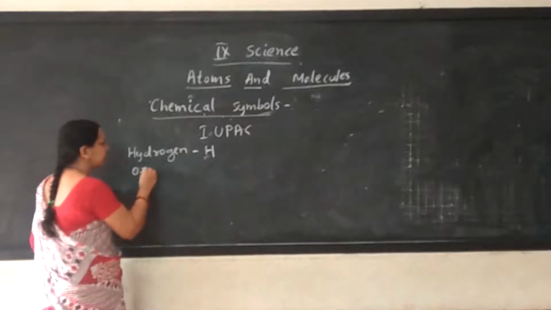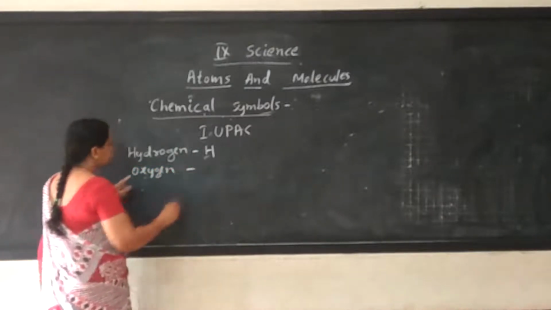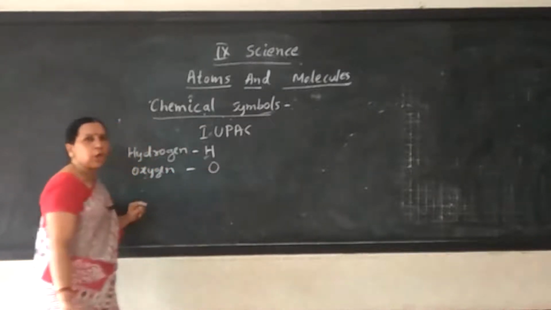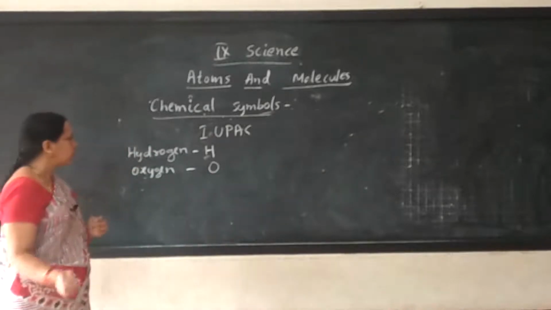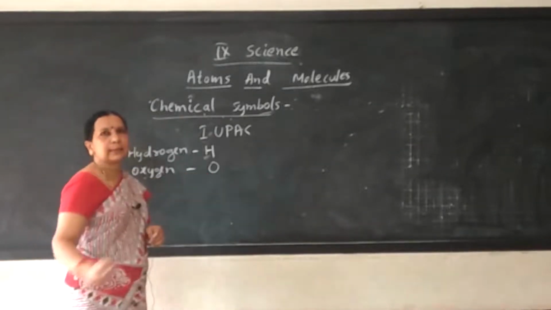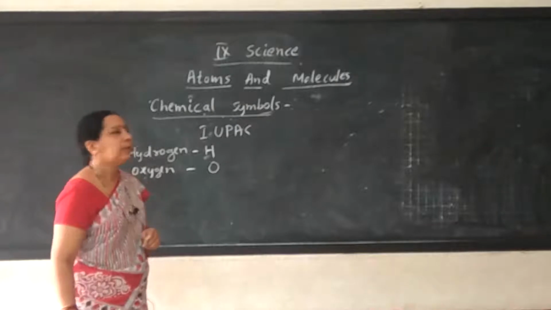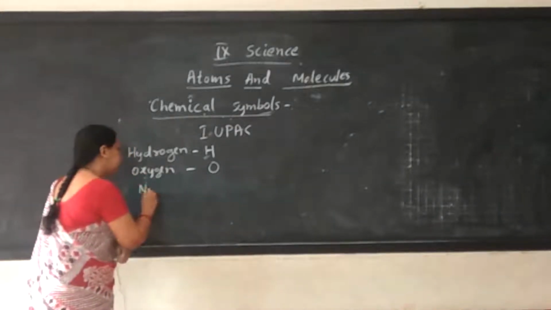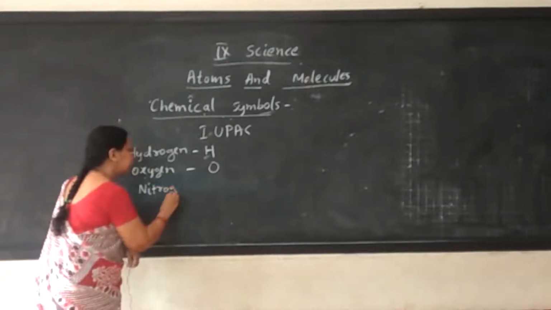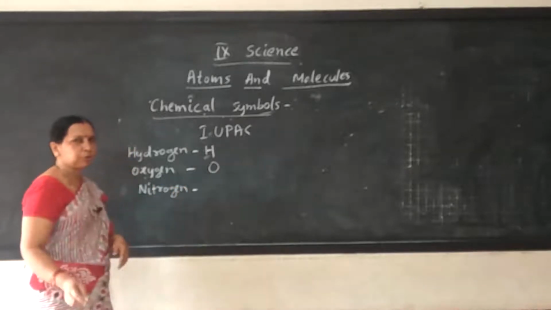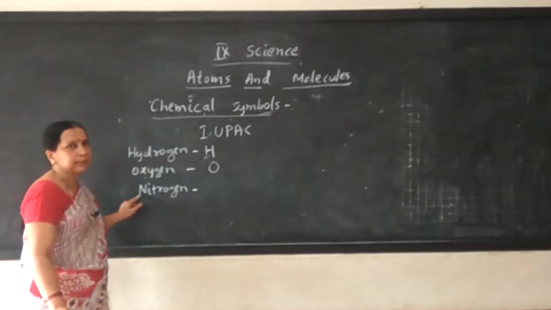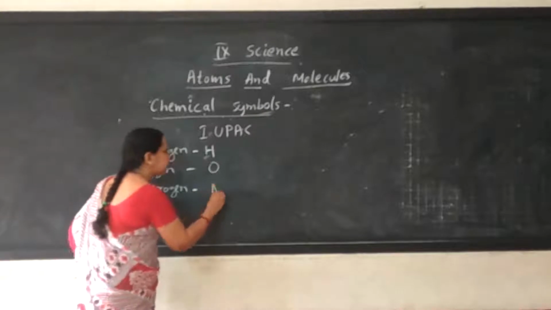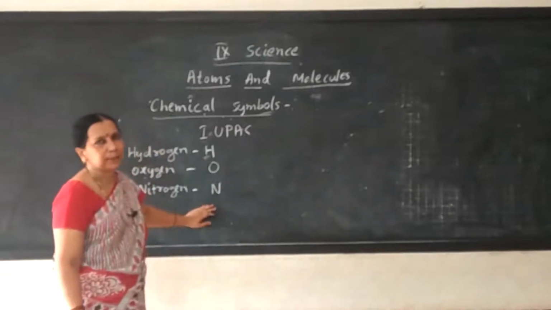And oxygen. O is the symbol of oxygen. The first letter is O and we write the symbol O in capital. Now, nitrogen. The symbol of nitrogen. Can you tell? The first letter is N and the symbol we write is capital N.